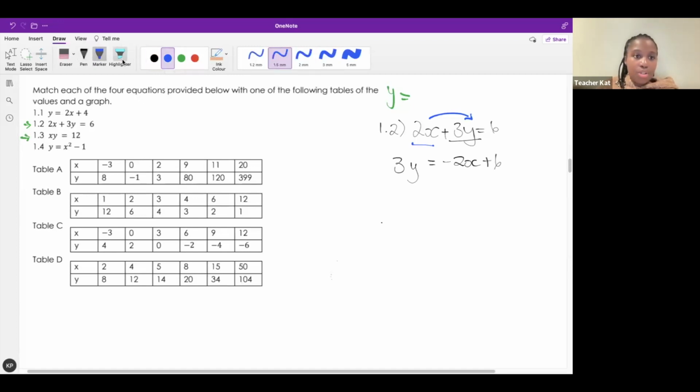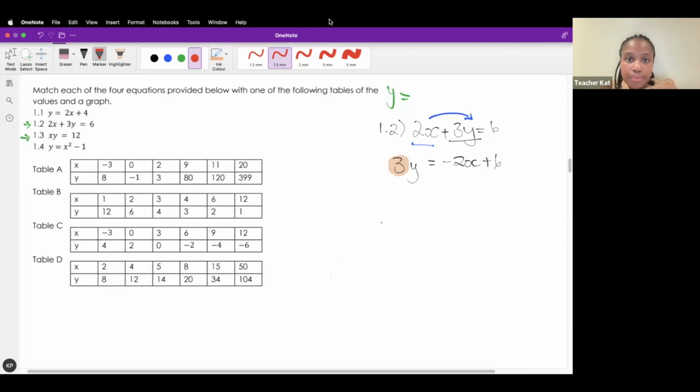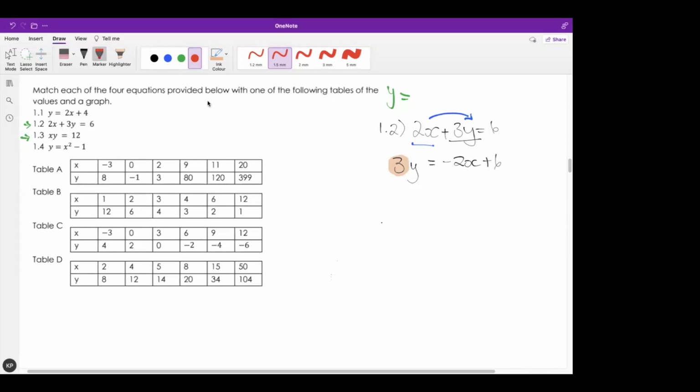Now we are not done because we still have a 3 in front of the y. How do I get rid of that 3 in front of my y? Yes, but how? Because currently it is multiplying. So how do I get rid of multiplication? By division. Nice, Yonela. So I will have to divide by 3 on my left-hand side, but then everything will have to get divided by 3.